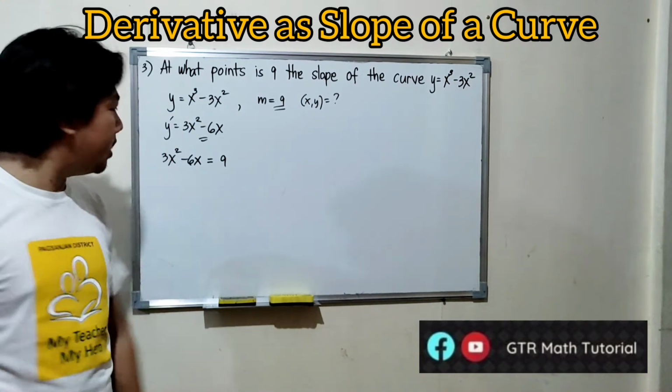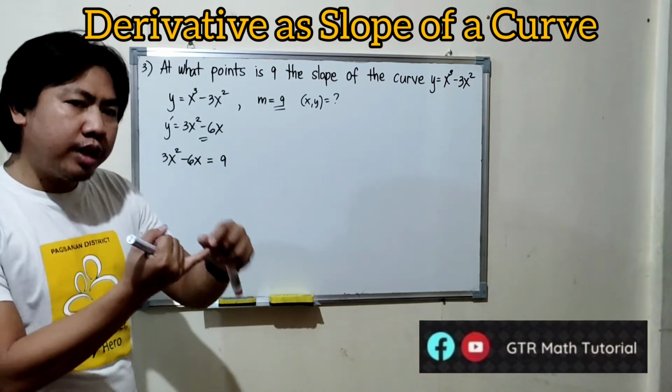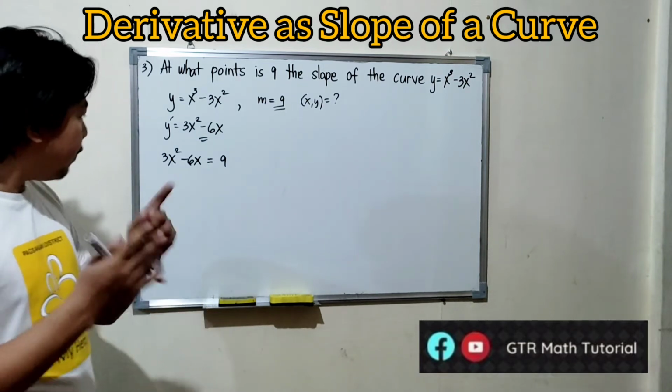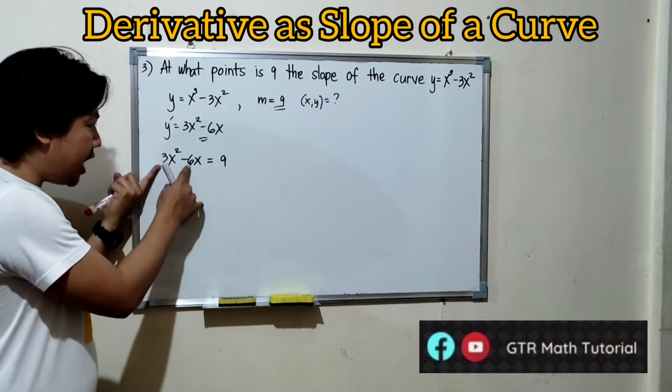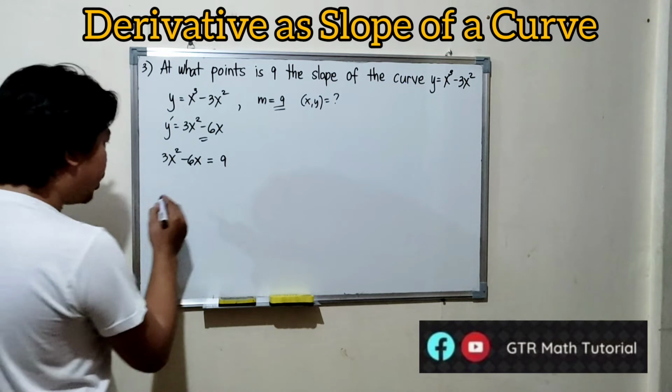So we have a quadratic equation. We can use factoring, completing the square, or the quadratic formula. First, let us divide by 3, since all the numbers 3, negative 6, and 9 are all divisible by 3. So divide each term by 3.